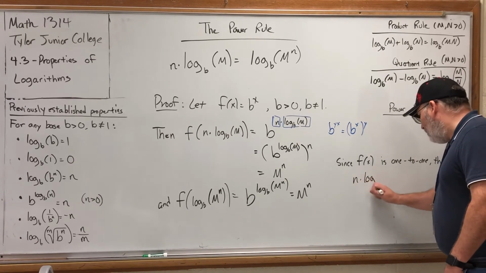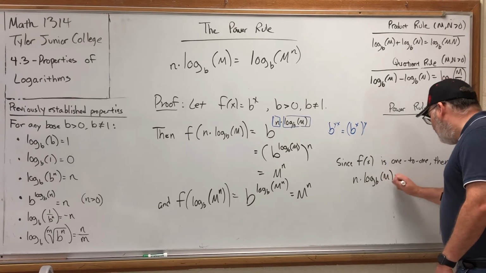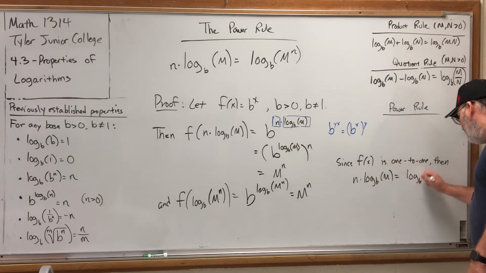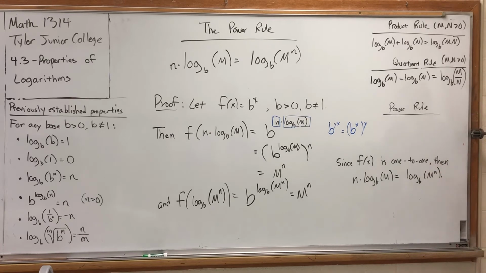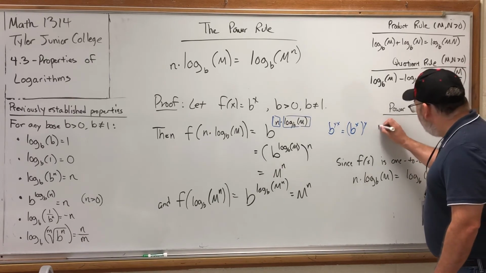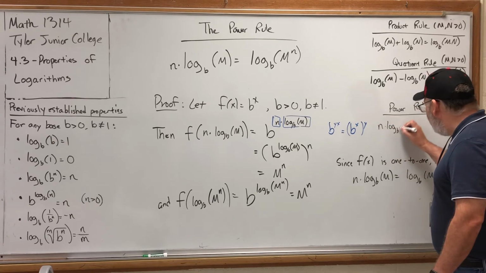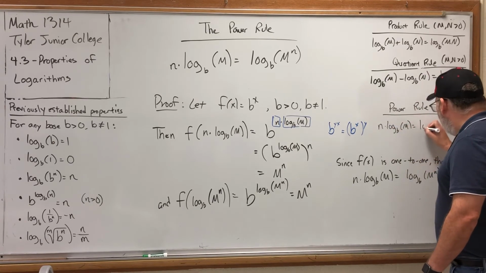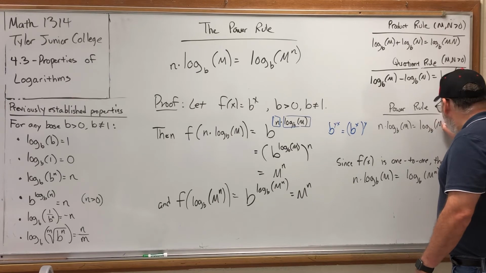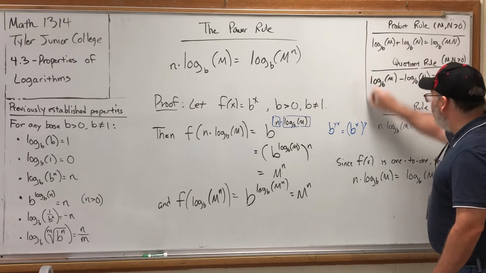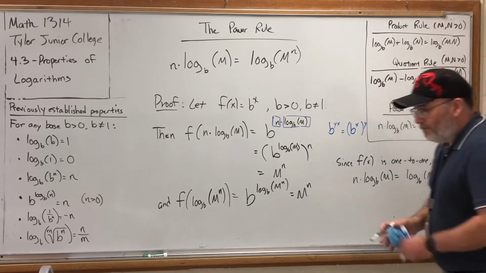So n times log base b of m is equal to log base b of m to the nth power, which I'm going to migrate up here to the power field. N times log base b of m equals log base b of m to the nth power. Let's put a box around these. They're going to hang around here for a while.